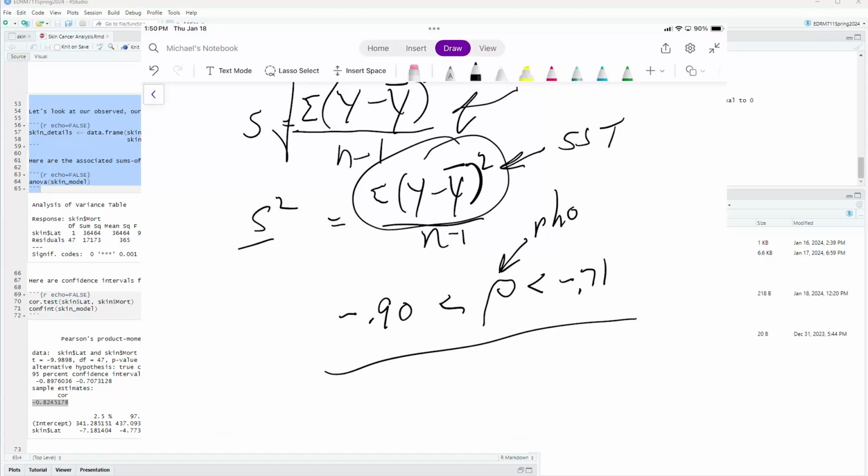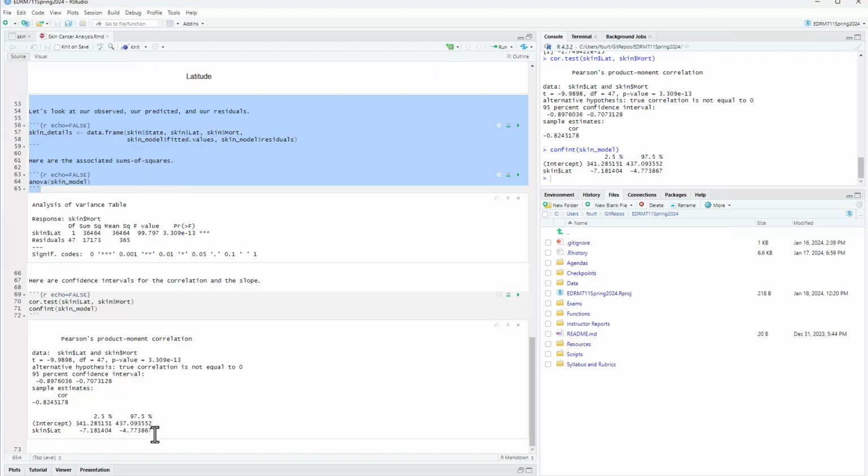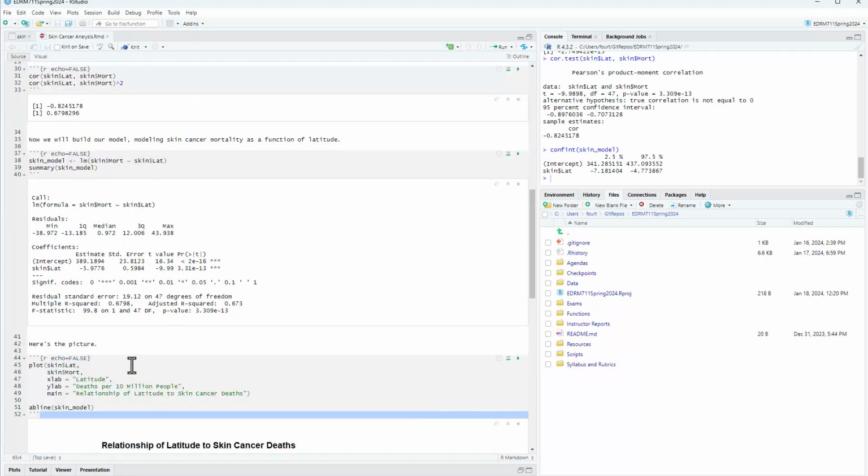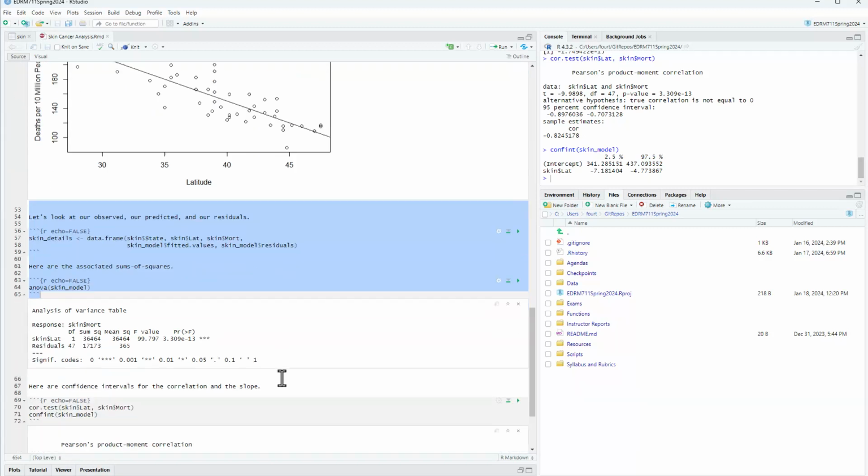All right, what else did we have? So again, some more nonsensical stuff because we're going to pretend as though we have a random sample from a population. Now we've got the slope to look at. So looking at the slope here, remember that our slope back up here was about -6. Every degree going north in latitude resulted in 6 less mortalities per 10 million people.